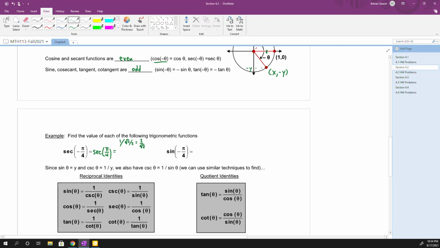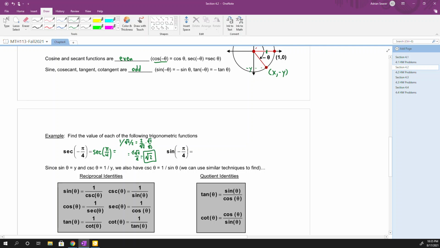So that's 2 times square root of 2 over 2. The 2's cancel, so I'm just left with square root of 2. So the secant of negative pi over 4 is the same as secant pi over 4, which is square root of 2.